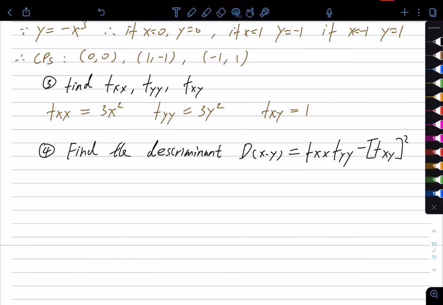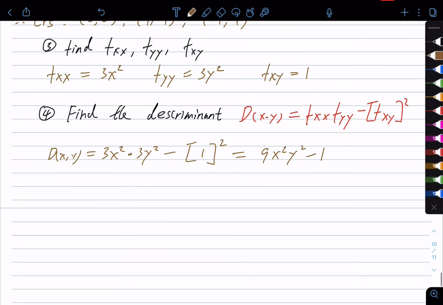This is a very important equation for us. I'm going to label it in red. In our case, D(x, y) equals 3x squared, which we just obtained from over here, times 3y squared, minus 1 squared. That just equals 9x squared y squared minus 1.